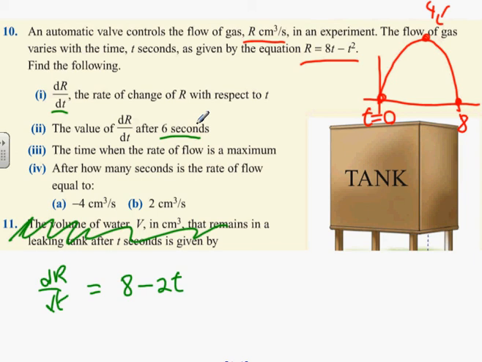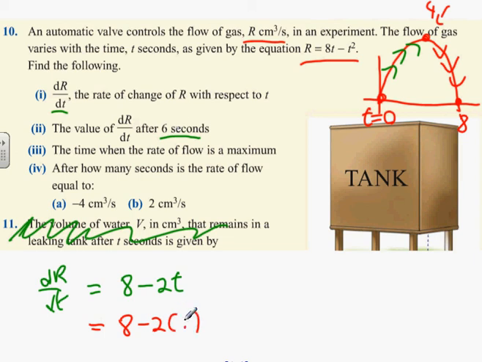We're expecting a negative answer. 8 minus 2 times, anybody? 6. 8 minus 12 equals minus 4. It says centimeters cubed per second. Okay? So, it's minus 4 is the answer for this one.